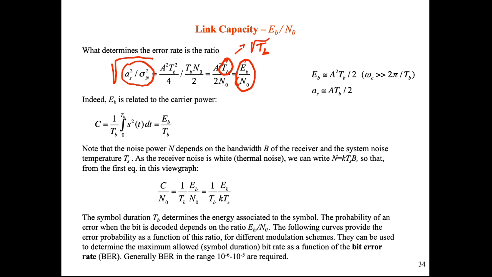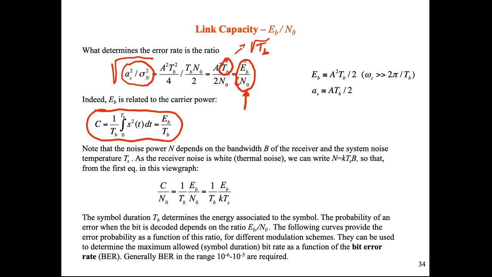All right, now the next step is to relate this Eb over N0 to the carrier power, and we did this pretty simply. This is the equation which relates the carrier power to the signal S. So the carrier power is the energy of the signal divided by the duration of the bit, and therefore is E bit over T bit.